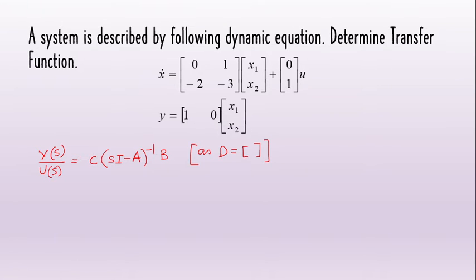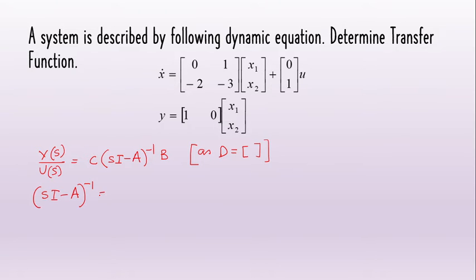So let's start. This matrix we have to determine, then we have to multiply C and B with it. Now it is an inverse. How can I get the inverse of (sI minus A)?